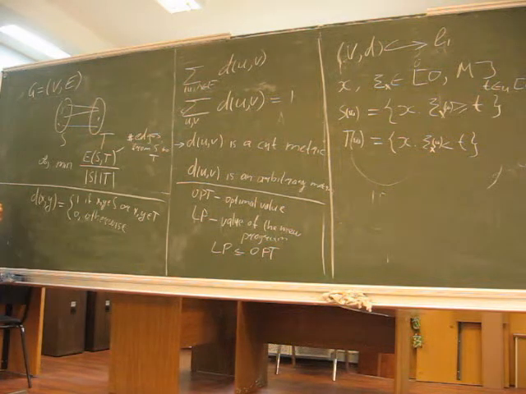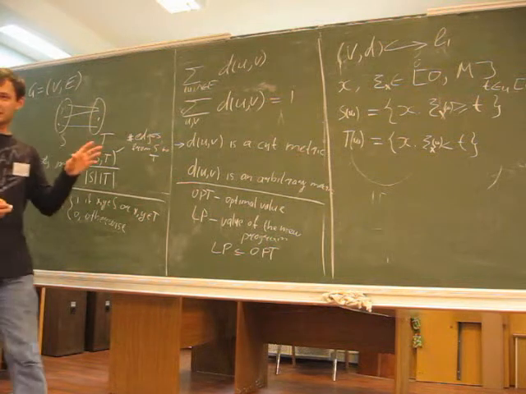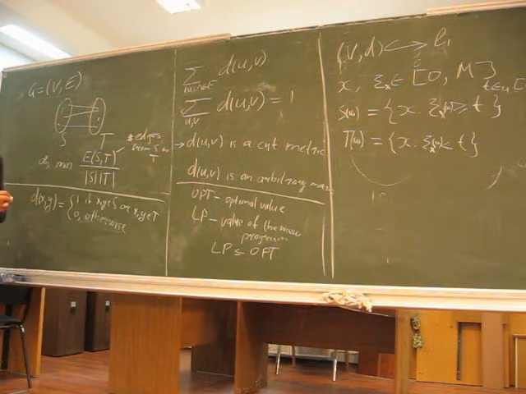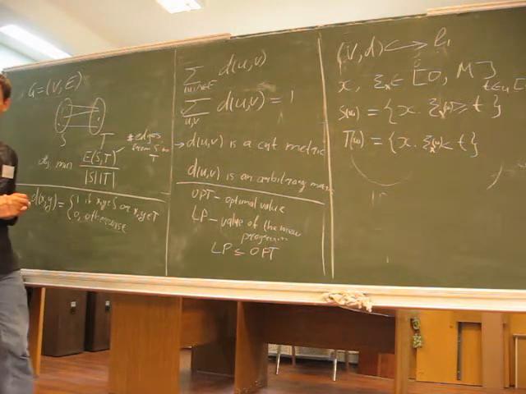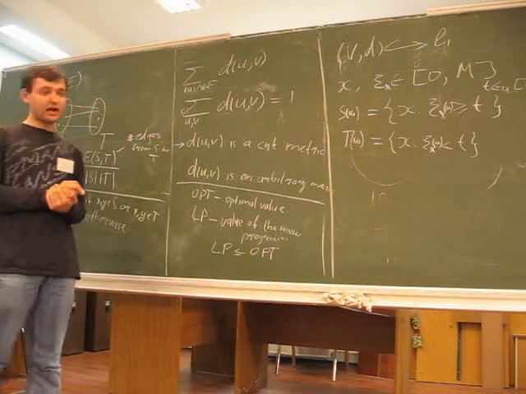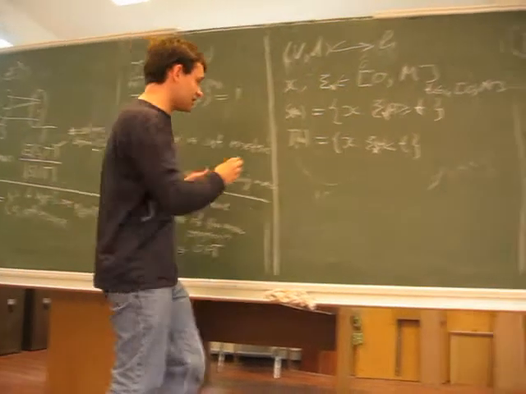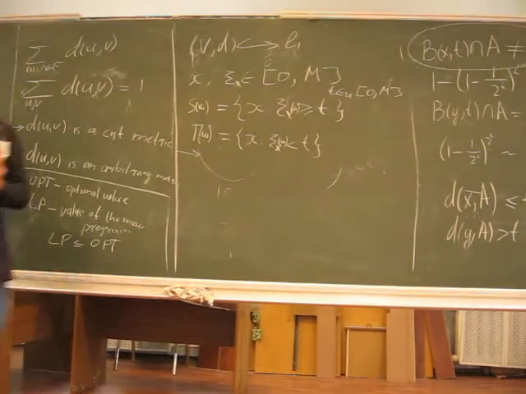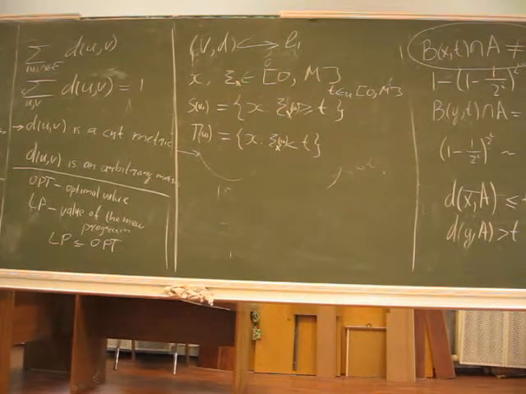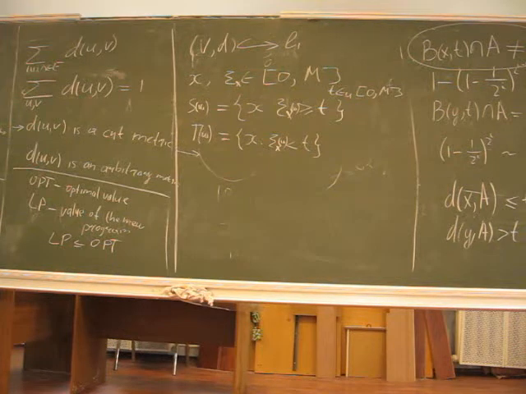We have a randomized algorithm: we take a random omega, and with high probability we get something good. I'll prove that in expectation we get something good. The expected distance between S and T is close to this optimal thing.